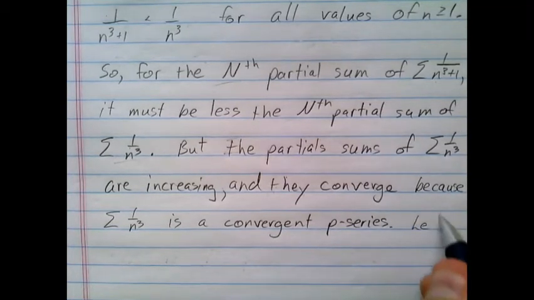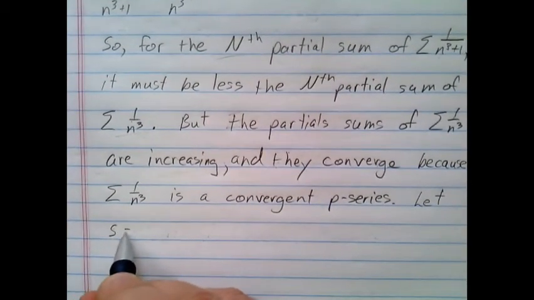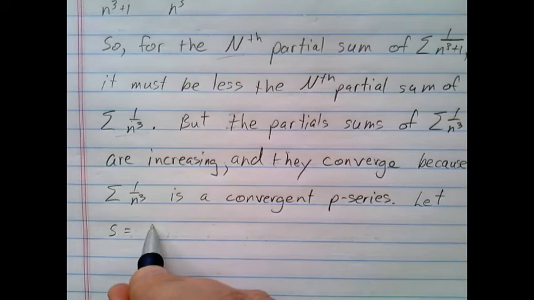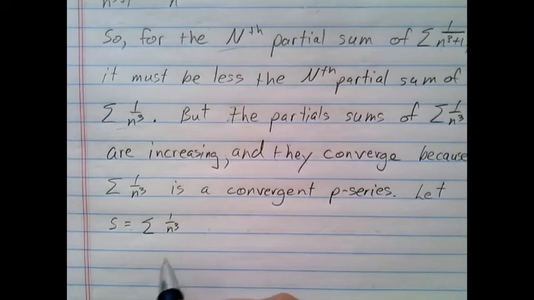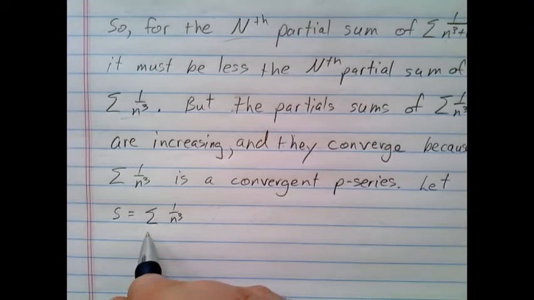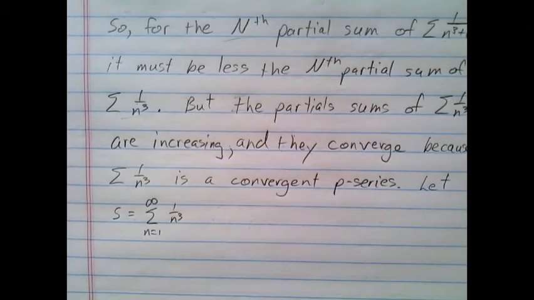So we'll just say, and we'll call it S. Let S be the sum of the series 1 over n cubed, where again it's understood that n goes from 1 to infinity if we don't actually write those things in.